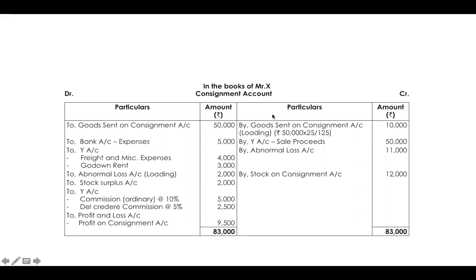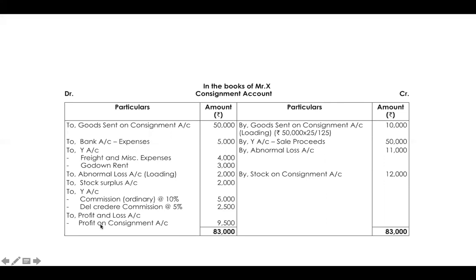So I'm writing a contra entry with the profit loaded. And same thing I'm doing for abnormal loss and closing stock, that is stock on consignment. And only then I'll come to know the real profit, that is 9,500 is the profit on consignment.